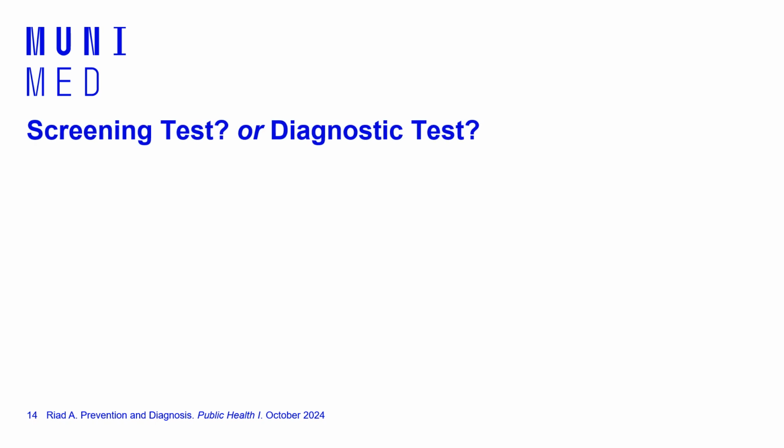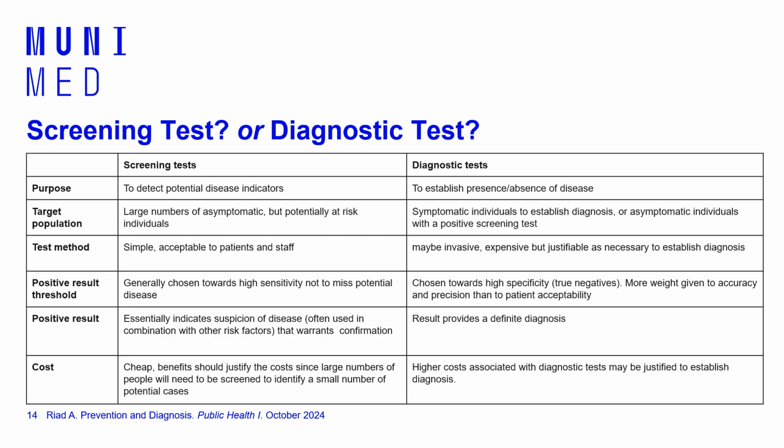Okay, so now we will go to the part which I promised at the beginning to look at, which is the difference between a screening test and diagnostic test. Screening is the process of finding cases among the population. However, diagnosis is the process of establishing the diagnosis, or making sure that the individual patient has this particular disease.